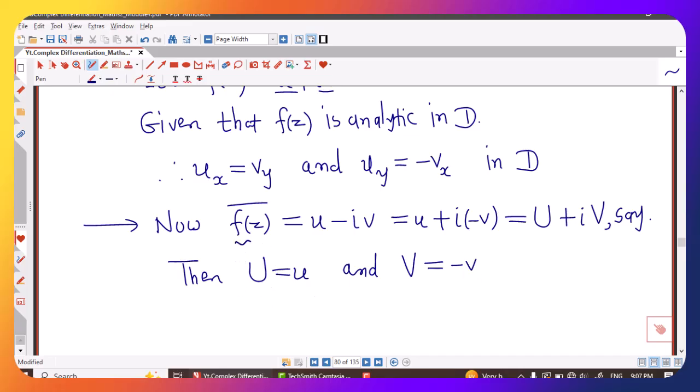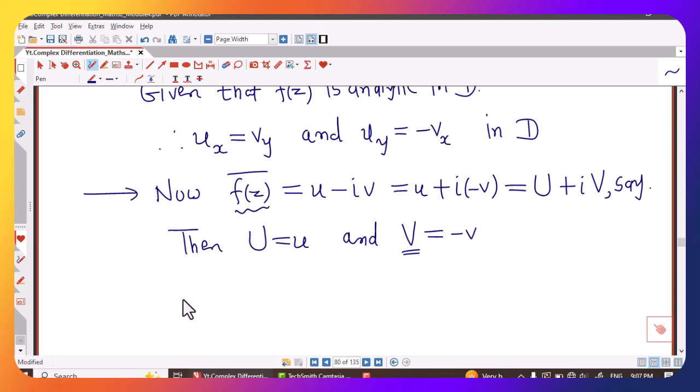Capital U is the real part of f of z bar and capital V is the imaginary part of conjugate of f of z. Now it is also given that f of z bar, or conjugate of f of z, is also analytic in domain D.